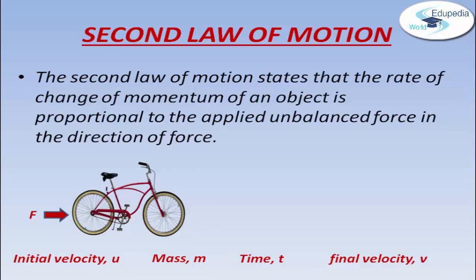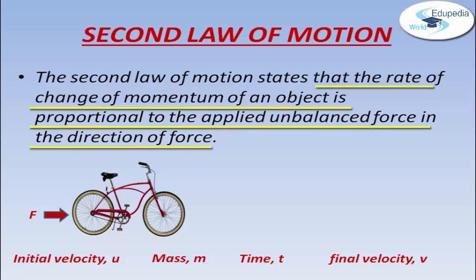That means, let's say if we apply a small force to an object, then there will be a small change in the momentum. If we apply a large force to that same object, the change in the momentum of that object will be large. So it is proportional. Rate of change of momentum is proportional to the applied unbalanced force.